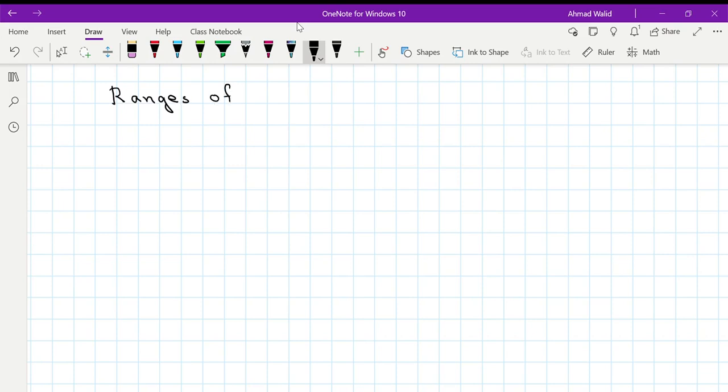of trigonometric functions. What does it mean? It means when you find the sine value of an angle or the cosine value of an angle, which values actually they can take, correct?